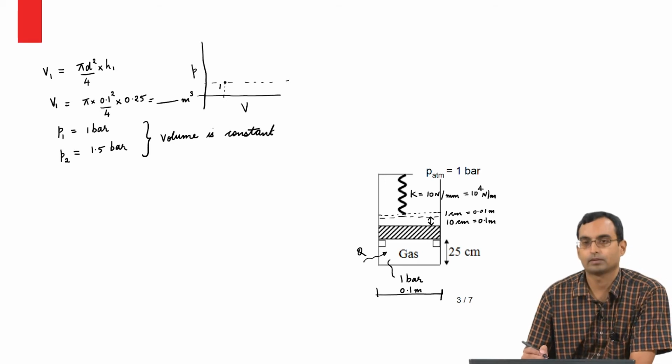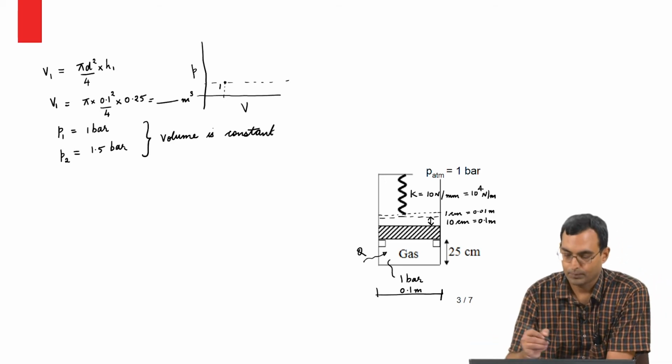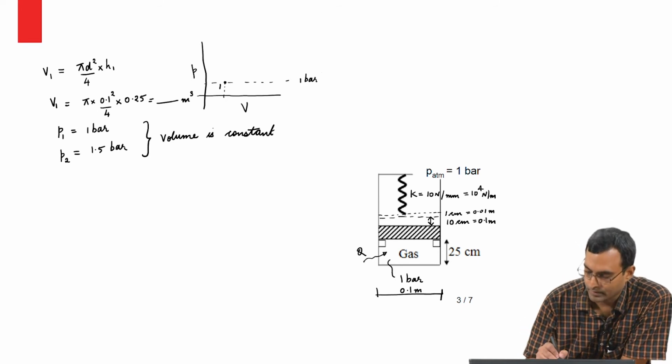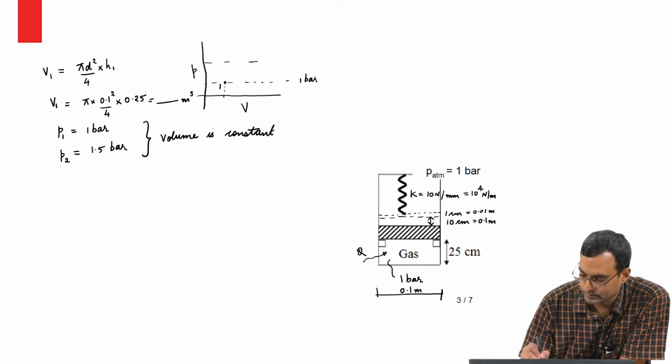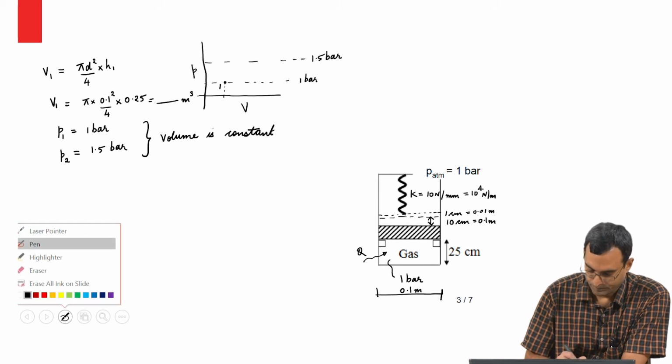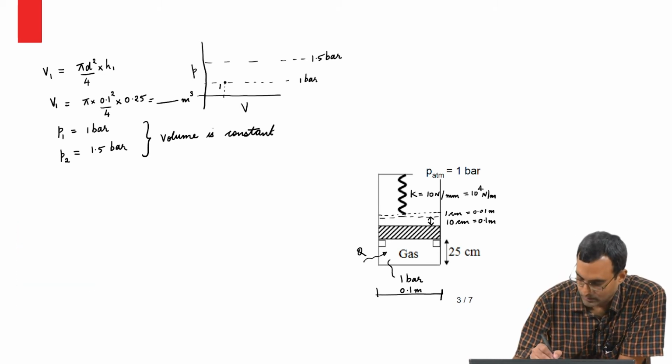So, I can now plot my second point. I am going from a pressure of 1 bar to a pressure of 1.5 bar. During this process the volume is unchanged, so the volume is constant.